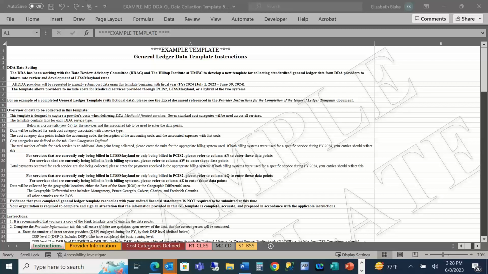It is possible the guidance they gave during the training for that tool is different from what you're hearing today, so you should follow the guidance respective to each tool. Yes, and Robert, I will jump in and say we tried to be as consistent as possible in terms of the cost categories and the items in each of them. If there is a specific question, providers can certainly reach out to the Hilltop email address and we'd be happy to respond and help.